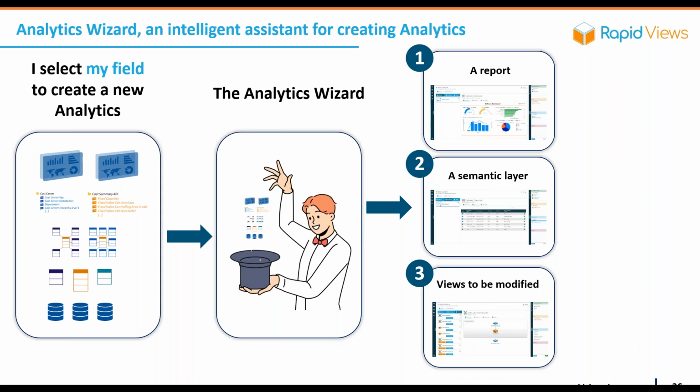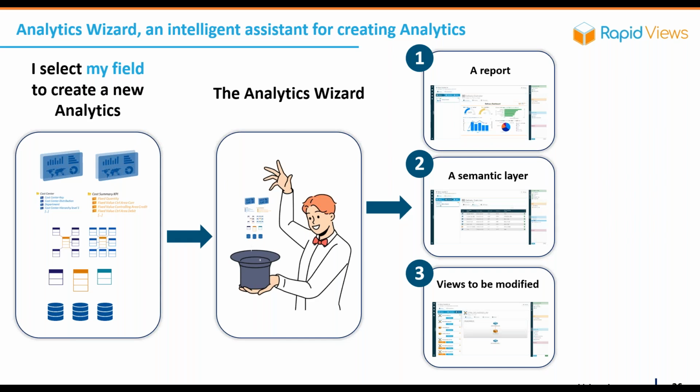The third case, which is maybe the most interesting, is what if when you drag and drop this information, you do not already have a built report. It will tell you which views, which CDS views, which data mart you could reuse as a starting point, and maybe modify, to add some dimension or KPI inside this cube, and then later build your own semantic layer on top of that and build your report.